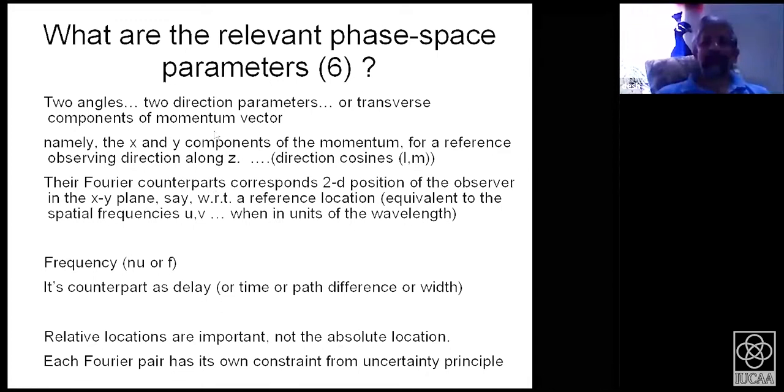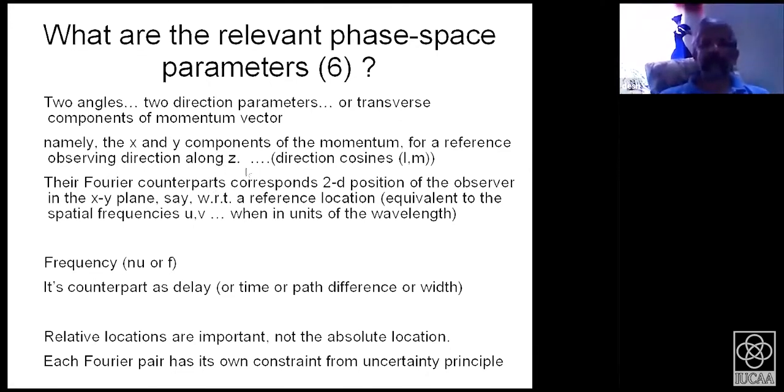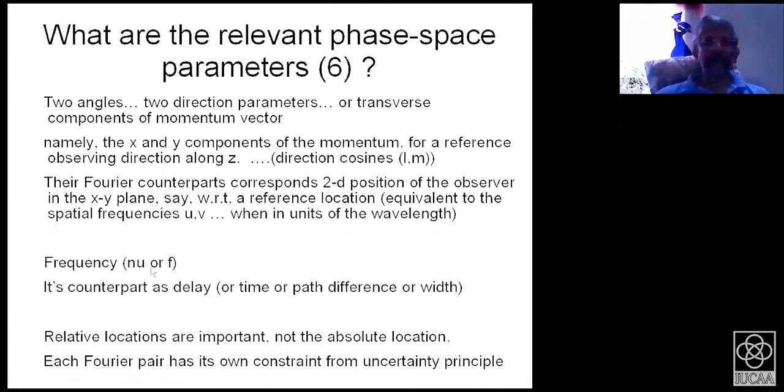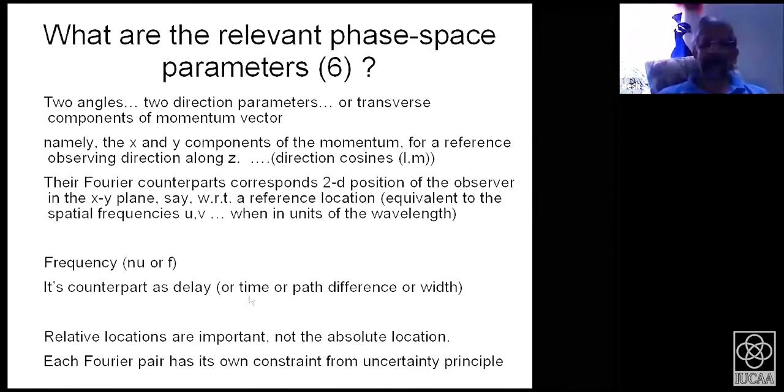They form the Fourier pairs, and those make up four of the six phase space parameters. The other two, one of them relates to the frequency itself, which has its counterpart as a delay or time or path difference or widths, in whichever way you want to see, depending on the context in which you are referring to.